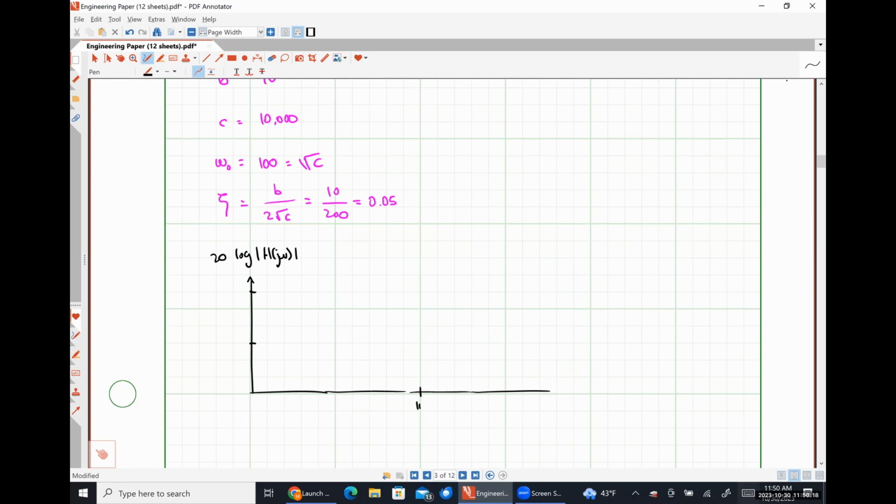So this will be 10 to the 2, 10 to the 1, 10 to the 0, 10 to the minus 1, 10 to the 3, 10 to the 4. That should probably be enough. Here's omega. 20 decibels, 40 decibels.